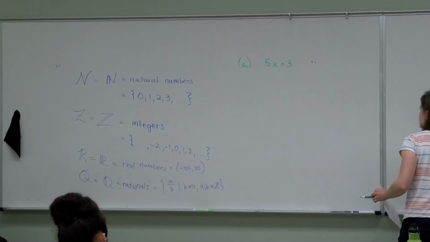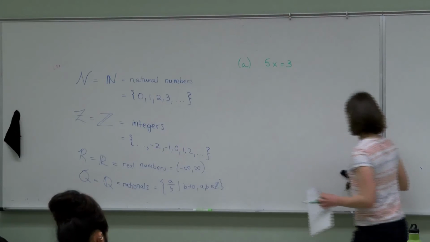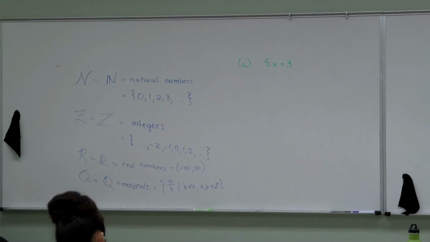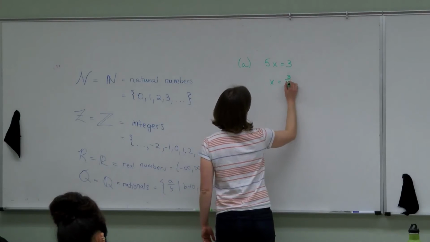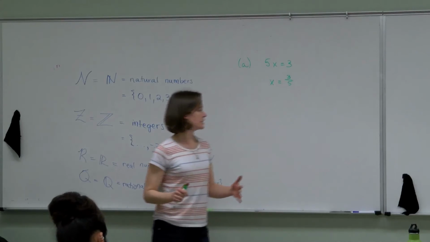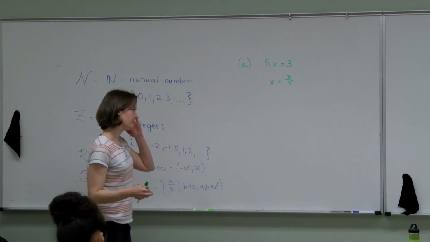And now what I usually do, and you all might have been doing this on the homework too, is I just solve these things like I'm working in the real numbers and then restrict it if I need to. So to solve this equation without any restrictions, we would do what? Just divide both sides by 5. So we get x equals 3/5, which is our solution in the real number system.